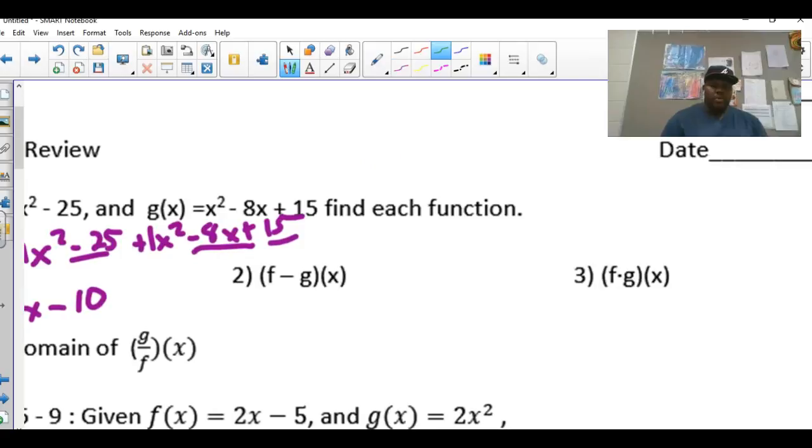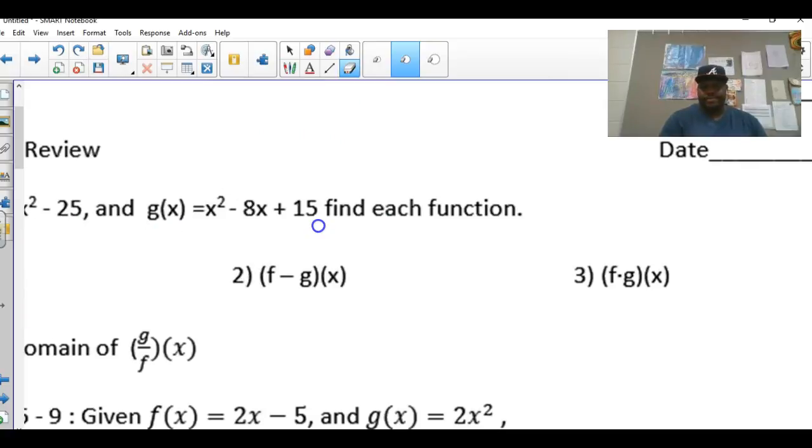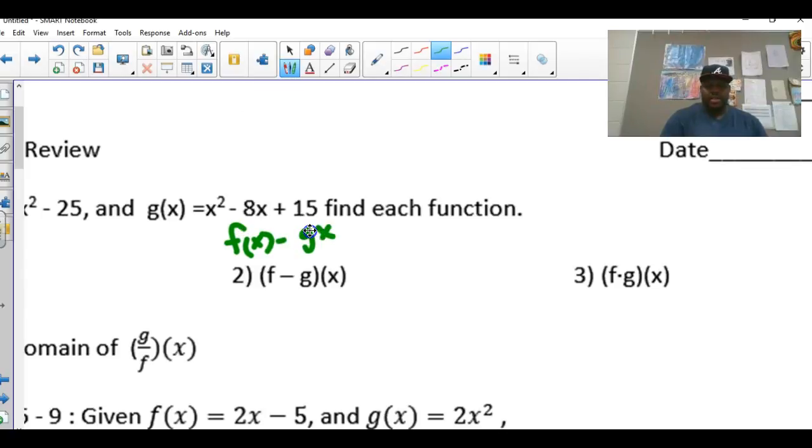Moving along, man, right here we have f minus g of x, or you can say f of x minus g of x. Now the one thing you must remember is, y'all see that minus? You got to distribute that to g of x.